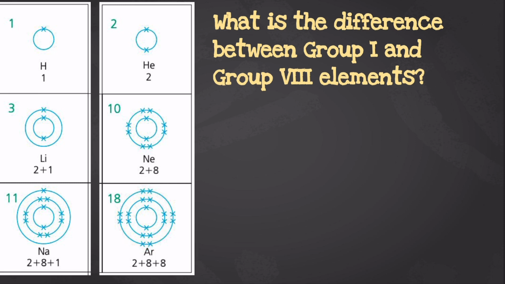So the biggest difference is that group 1 metals are very unstable and therefore they react. While group 8, their outer shells are full, so they don't need to react because they are complete. This one is missing a lot of electrons, so they just want to get rid of that extra electron.